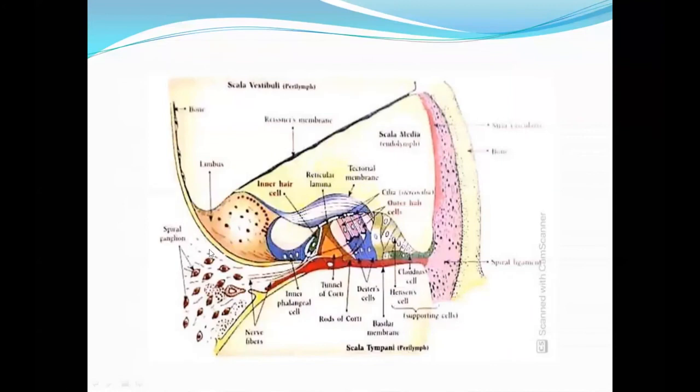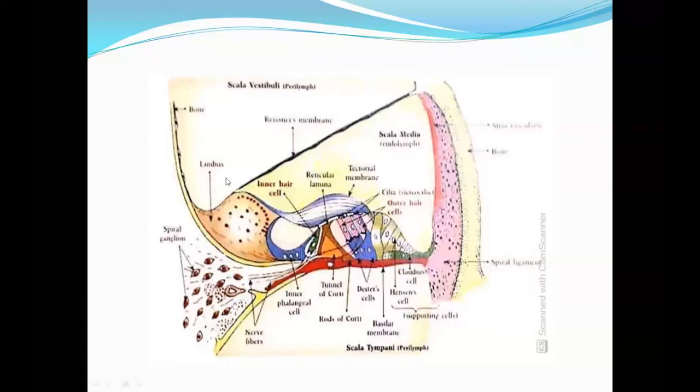The thing is, medially, Reissner membrane is attached to the limbus. Basilar membrane is also attached. This is medial portion. This is lateral portion. Reissner's membrane is attached at the stria vascularis, and this basilar membrane is attached to the spiral ligament.